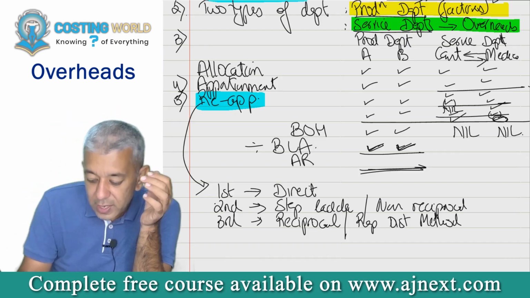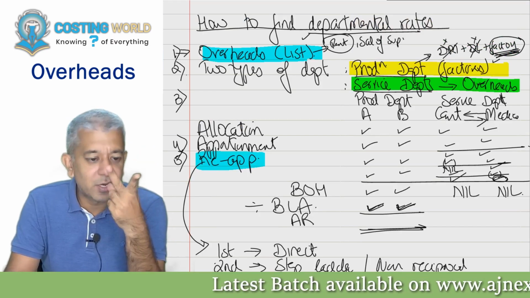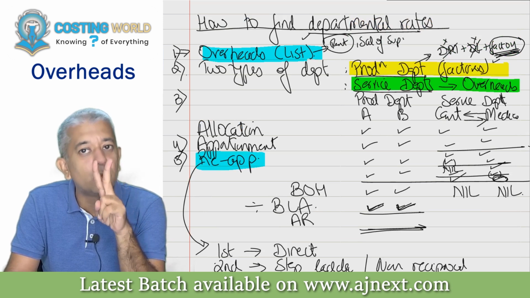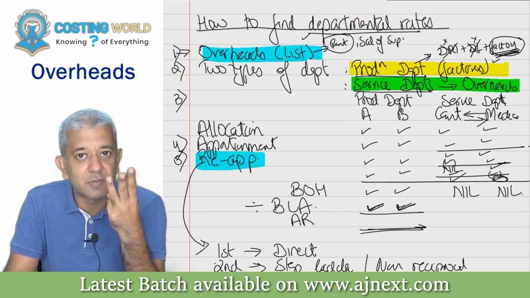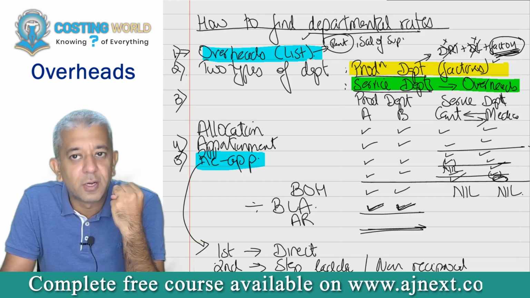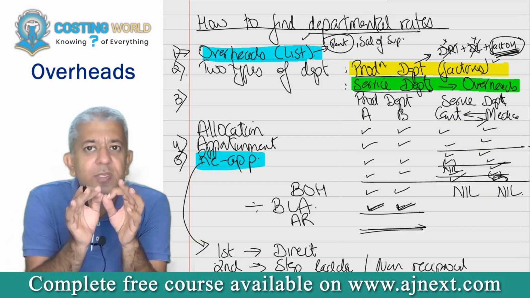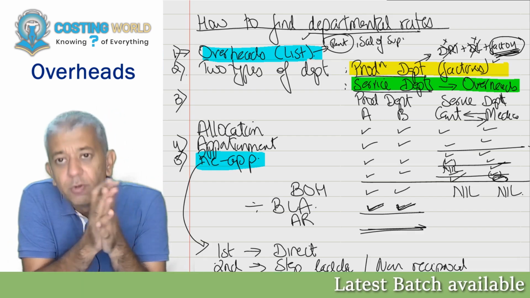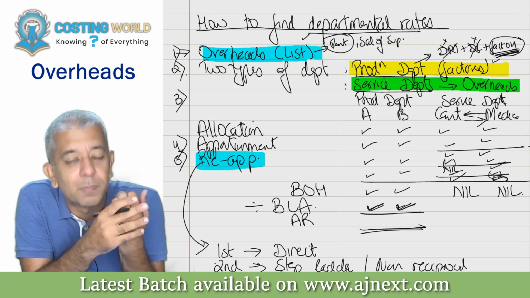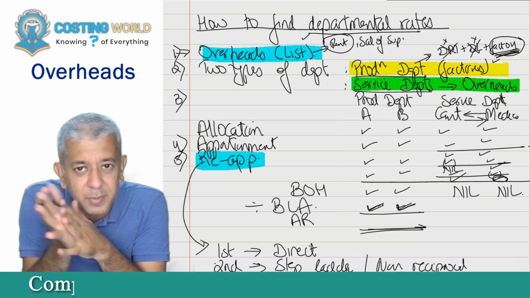So in short, I'm repeating the steps. First, make a list of all the overheads. Second, divide your entire company into two types of departments: production departments and service departments. Third, go towards the step of allocation. Allocation is always charging specific cost to the specific departments. Fourth is apportionment, that is, charge the common expenses among the concerned departments in some ratio.